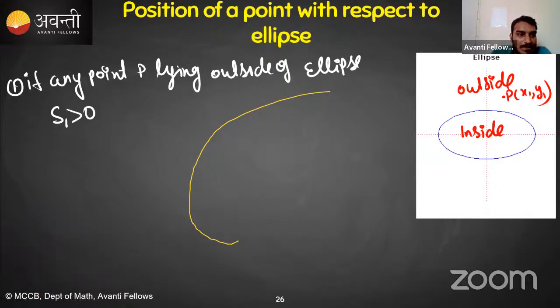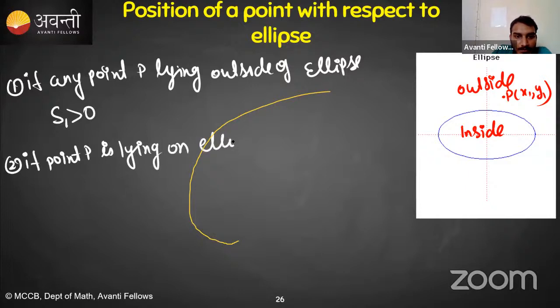Okay. Second, if point P is lying on ellipse, then it implies S1 is equal to 0. It means point को ellipse में डालने पे satisfy करेगा. Yes or no?